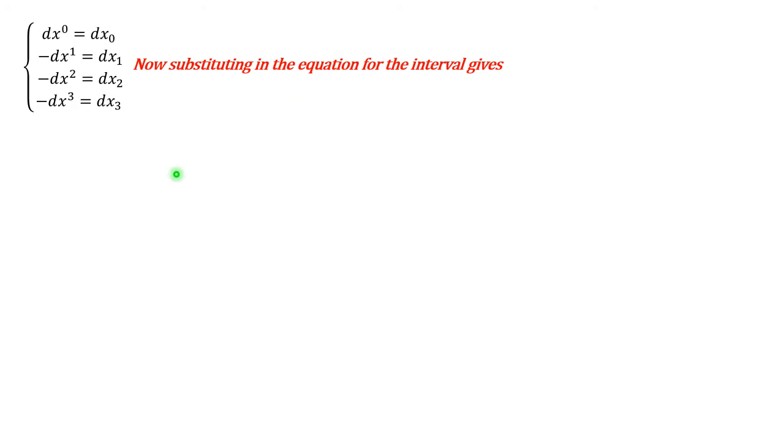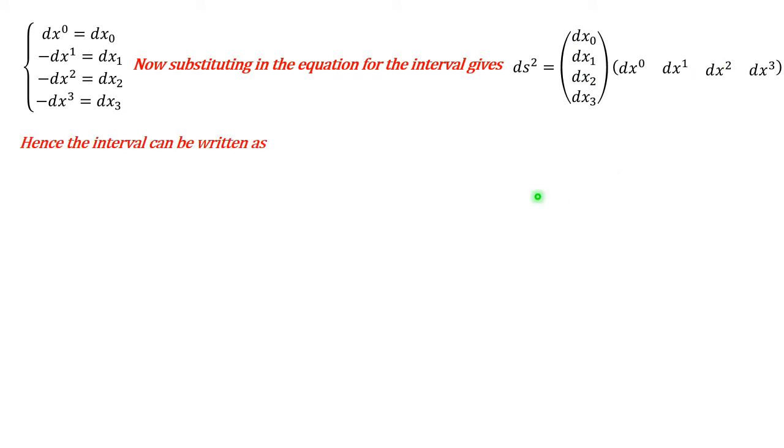Now substituting in the equation for the interval gives us ds squared equals dx0 dx1 dx2 dx3 times this other matrix. In our column matrix, we have simply replaced all the contravariant components with these substitutes for the covariant. So here you have covariant components, while here you have contravariant components.